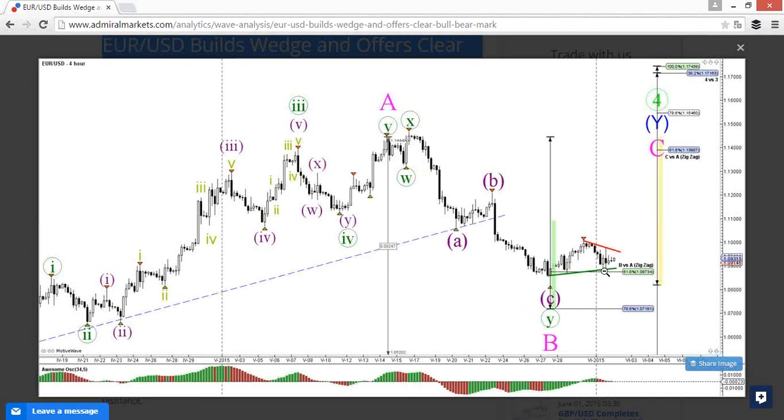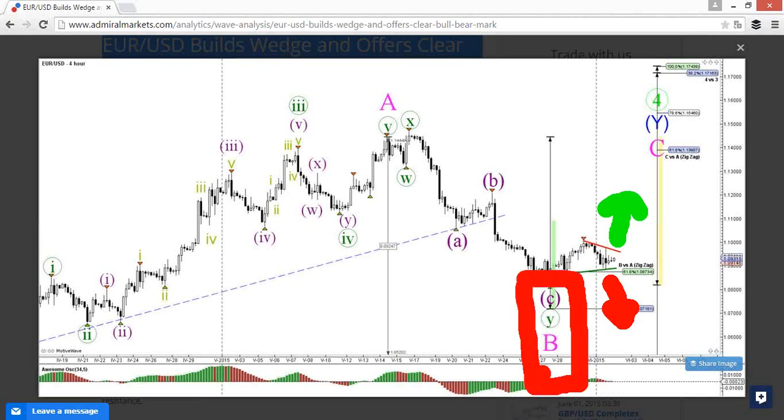A sideways zone like that could also be just a pause for more downside, and then my wave count is invalidated, and the price is doing something different than I expected beforehand. If it breaks the red line, then there's a higher chance that this wave count is correct, and wave B, the C of Y of B, is indeed completed, and price will probably then head up to the C of Y of 4 here.